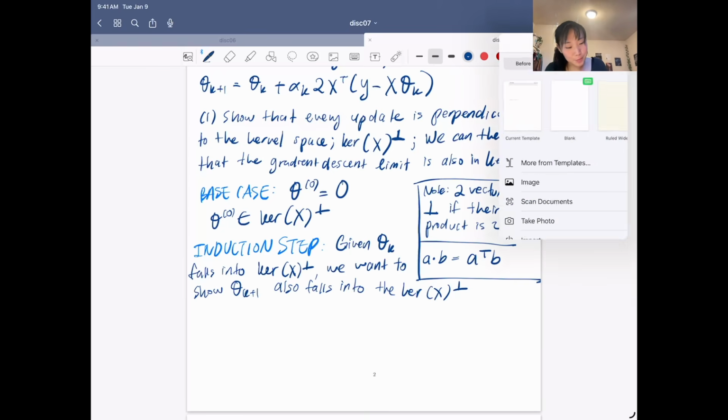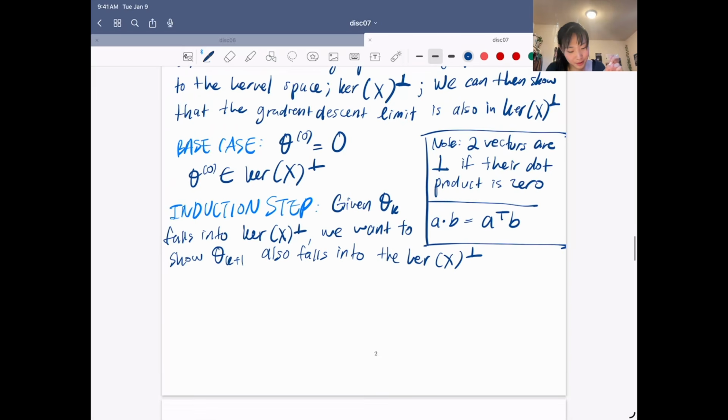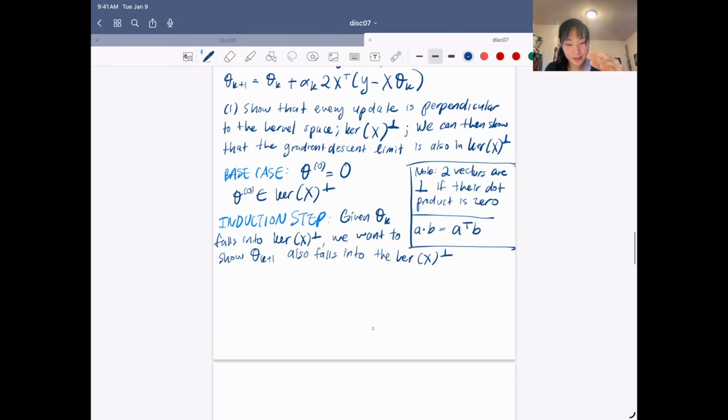I don't know if perpendicular kernel space is the right way to describe this, but just think of the perpendicular kernel space as the subspace that is perpendicular to the kernel space, in your imagination, I guess.